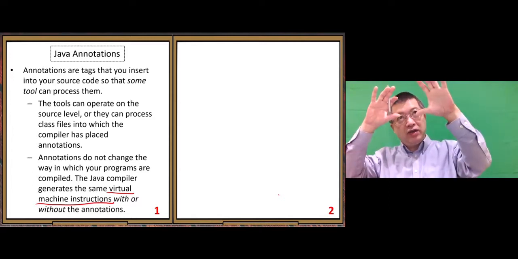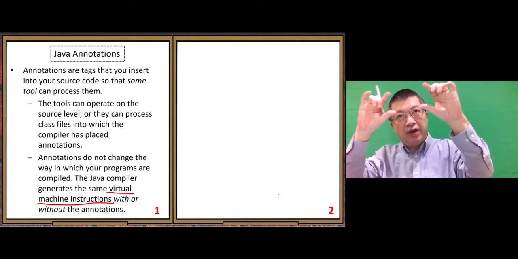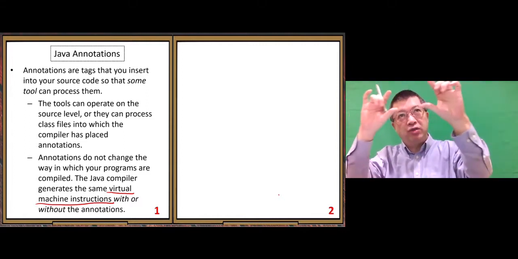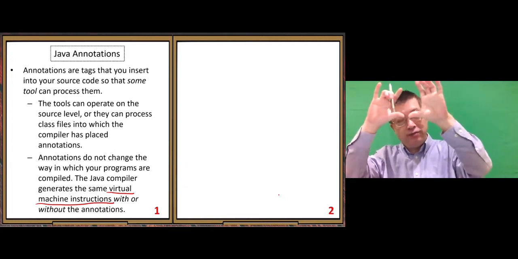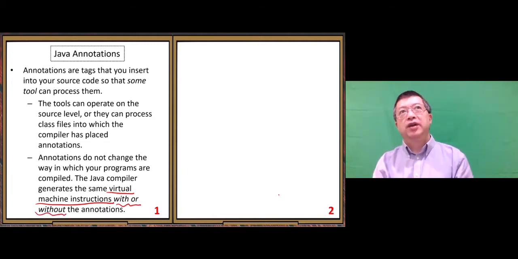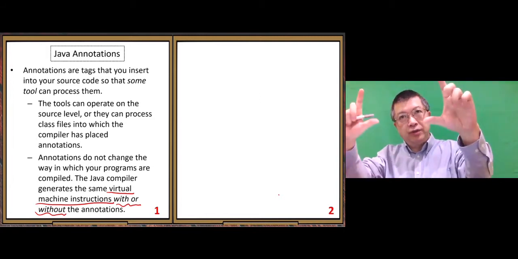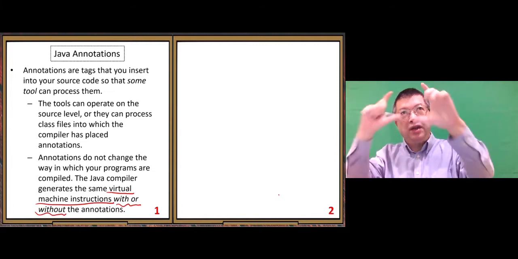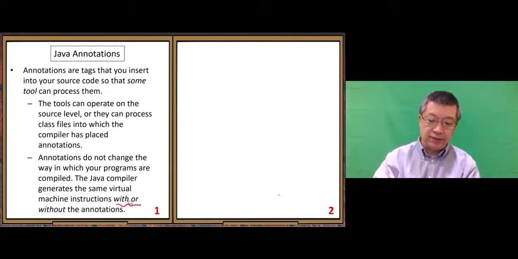That's what I drew, that binary Java instructions, the bytecode. With or without annotations, the bytecode part, the virtual machine code part, is exactly the same. That is the property.